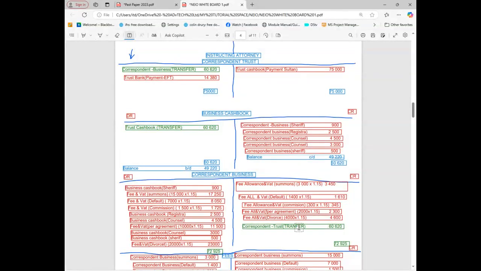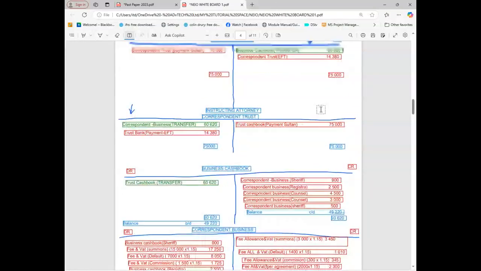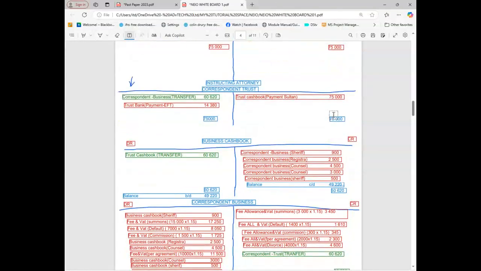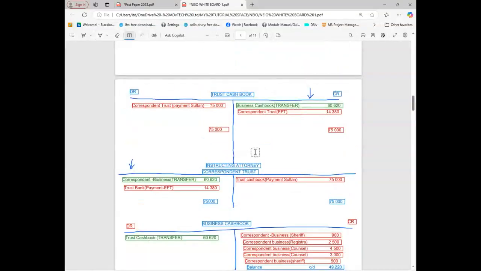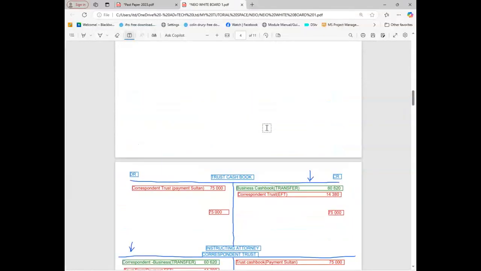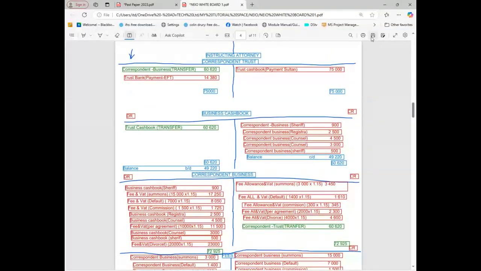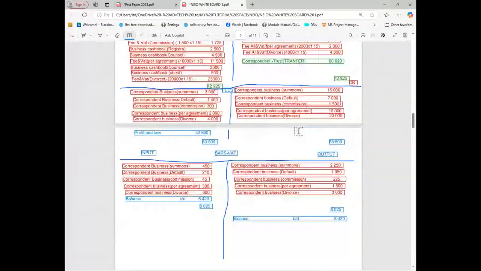I know it's too much admin. Hopefully it makes sense space-wise. No, it does make sense. Yes, and this one is balanced. This one is balanced. So these are the accounts themselves.